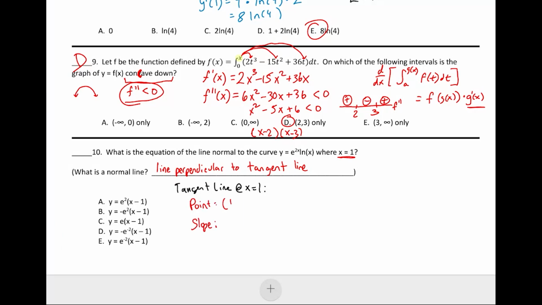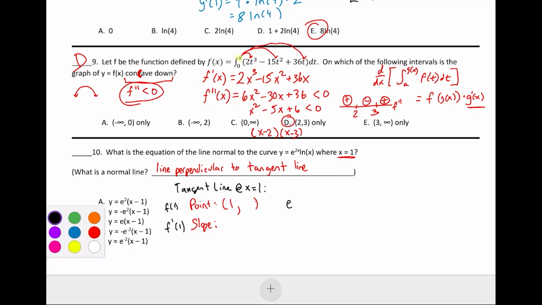So the point is going to be 1 comma, and then we need to find the y coordinate there. We'll come back to that. This y value is going to be f of 1, so we're going to plug in 1 into the function. And then the slope is going to be the derivative at x equals 1.